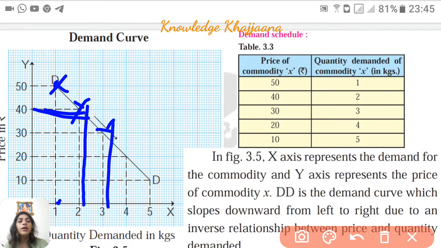Then if the price still continues falling and becomes rupees 20, then quantity demanded rises to 4. Okay, then at the lowest price of rupees 10, quantity demanded would be 5. So these are the intersection points, which specify the quantity that will be demanded at a given price.